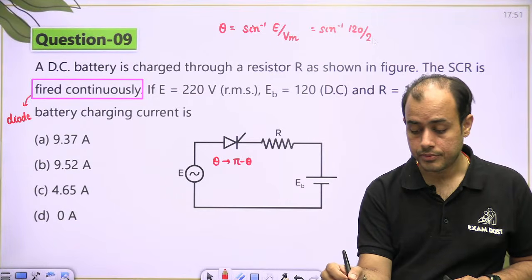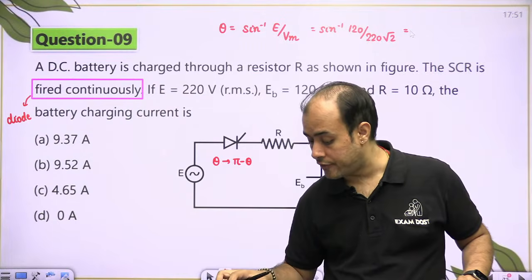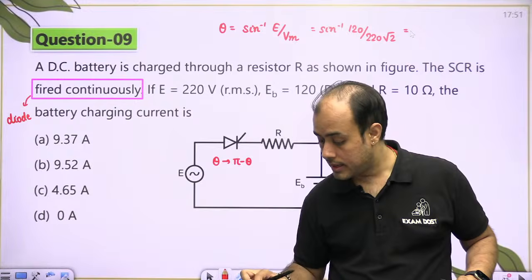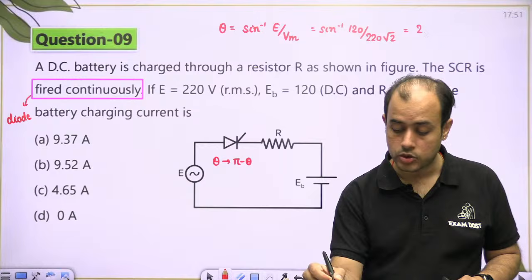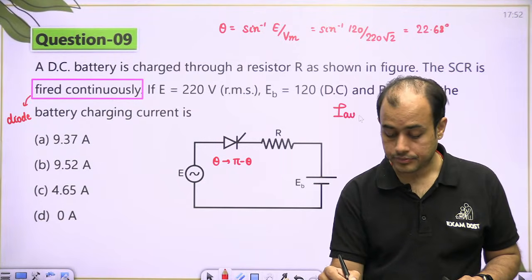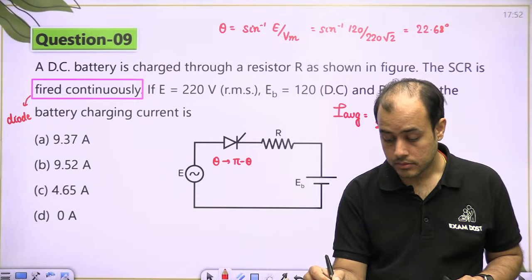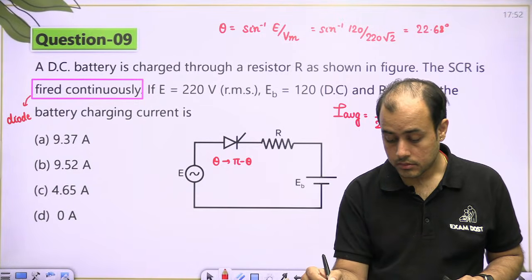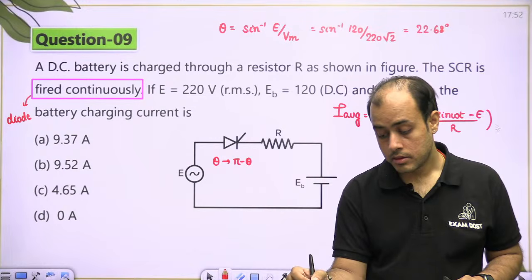120 upon 220 root 2. Always remember, by default the voltage given in AC is RMS. बाय डिफॉल्ट जो AC वोल्टेज होती है वो RMS ही होती है, ठीक है। Now I average, Em sin omega t, okay.